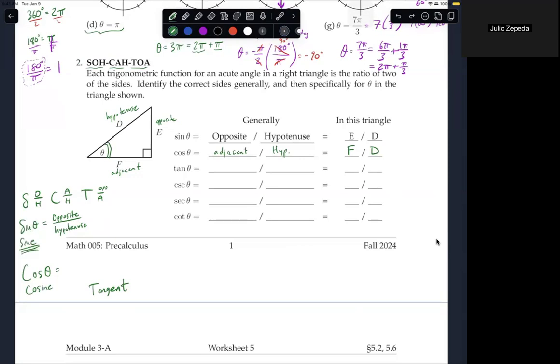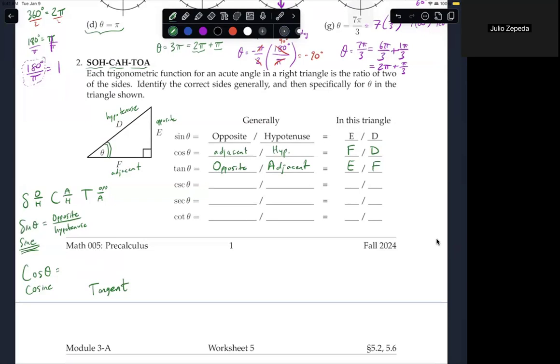So those are the names. Tangent of an angle theta is, according to SOHCAHTOA, the opposite side length divided by adjacent. And in terms of the variables, that is E divided by F.